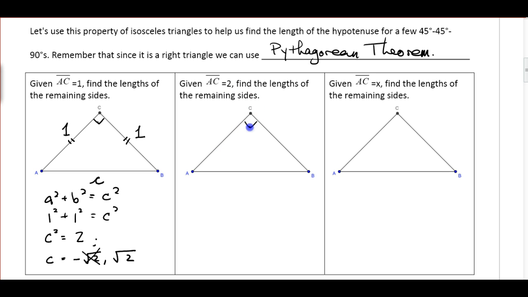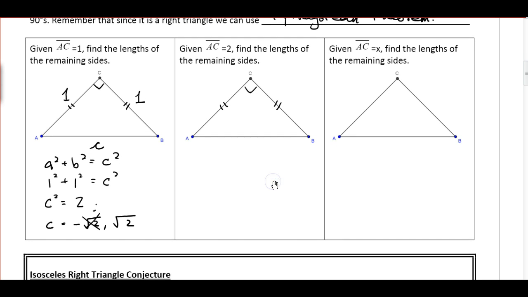Again, here's my right angle at C. These are my two legs. We're going to let AC be 2 in this case, which means that BC would also be 2. And again, I'll let this be c. So I know that 2 squared plus 2 squared is equal to c squared.